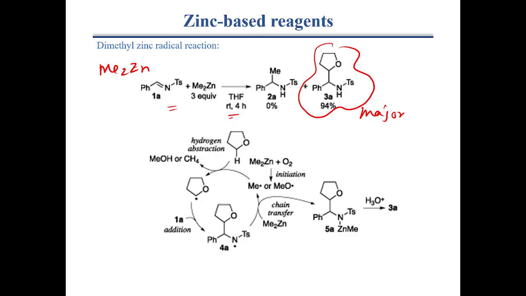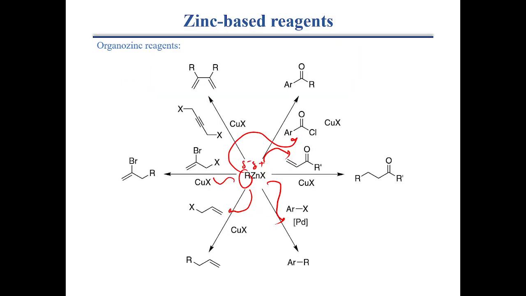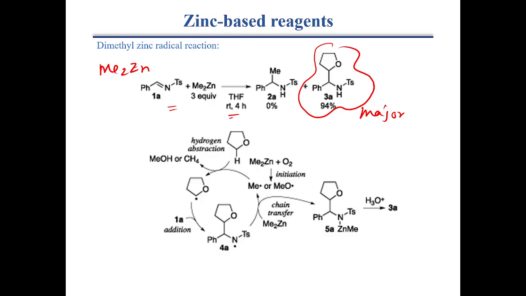Whatever I have discussed so far, zinc is used for its nucleophilic behavior as an alkylating agent, but here dimethyl zinc is used in a radical reaction. So what happened?